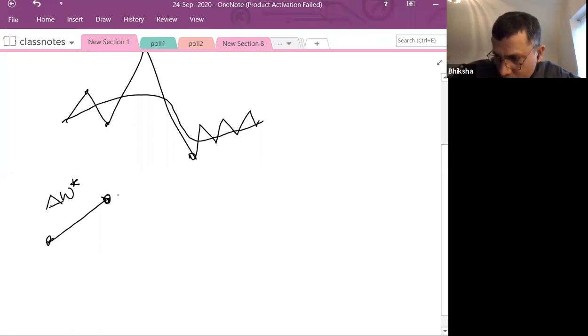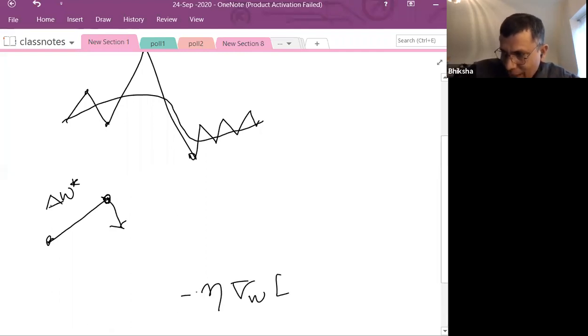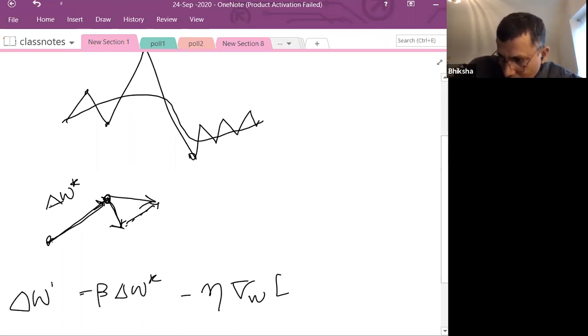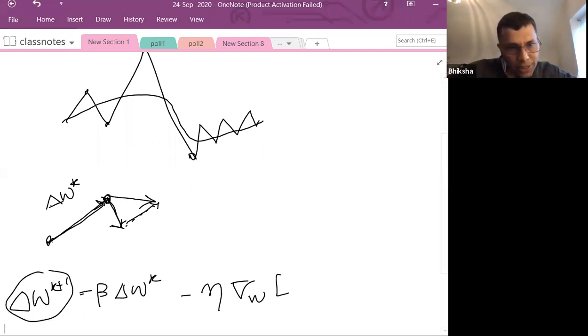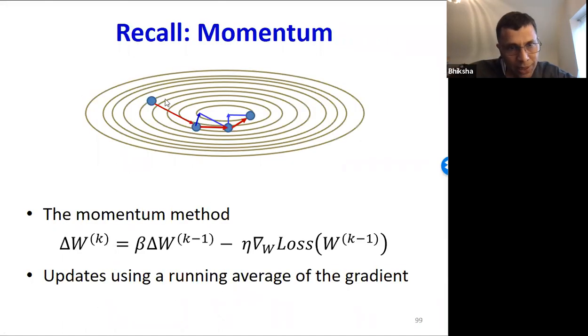Then we computed the gradient step, which is eta times the gradient of the loss with respect to W, and to this gradient step we went back and added a little bit of the previous step, which was some beta times delta W_k. This result was the (k+1)th update, and this was what we used to update our parameters, if you remember. This was the momentum method.